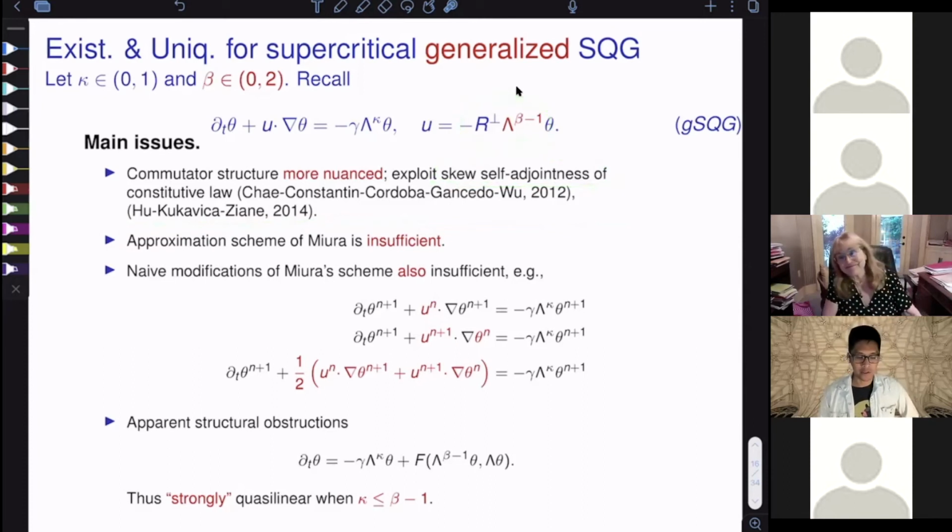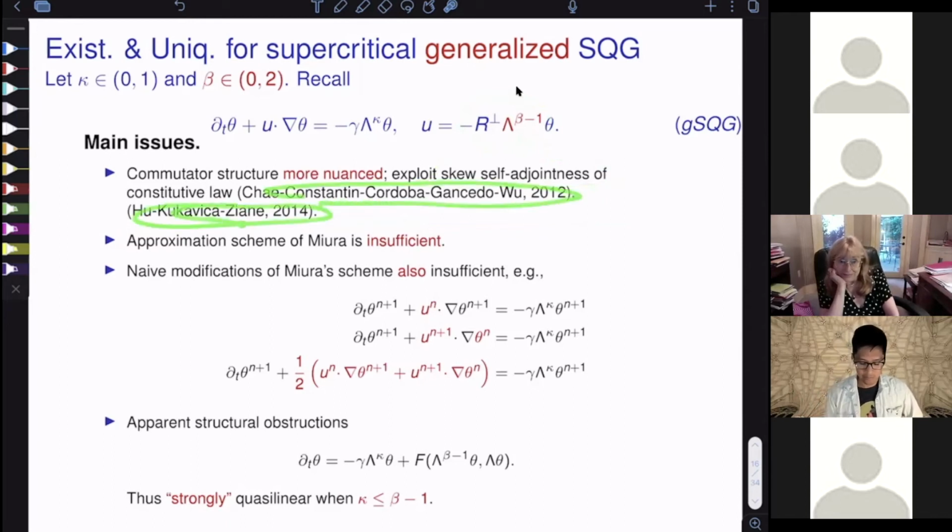And this allowed one to form many commutators, essentially. Okay, and we'll see that appear here. And I'll point out exactly where the variation in the commutator estimates from these two works are needed. So in particular, the scheme that Miura proposed is not good enough because it doesn't allow you to form all the commutators you need.